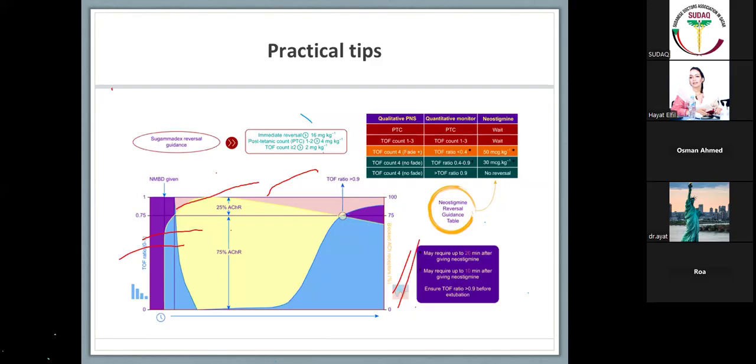If you look at this one, you can see the yellow part, the receptor occupancy. The receptor occupancy increased from 25 to 75, but with that much receptor occupancy, we still have a train of 4 of 0.9, if you can see the graph clearly.